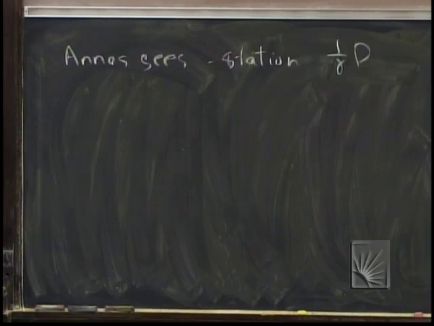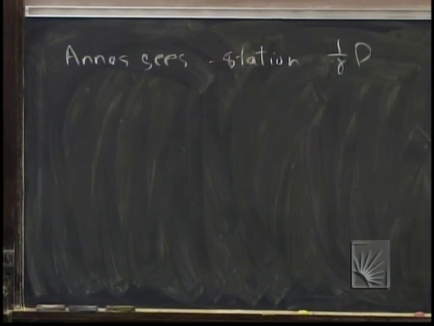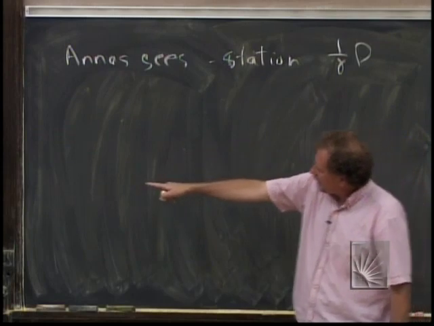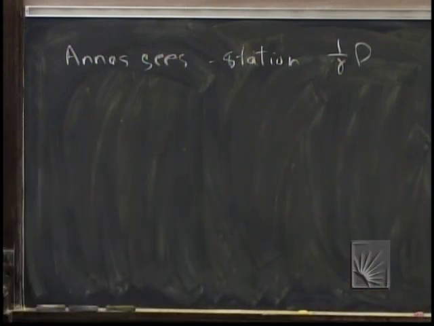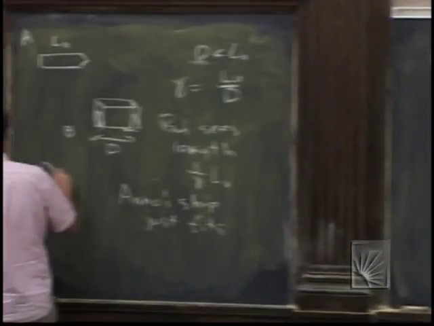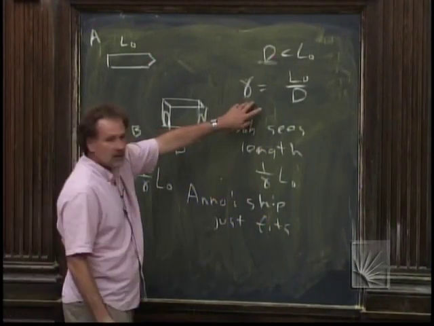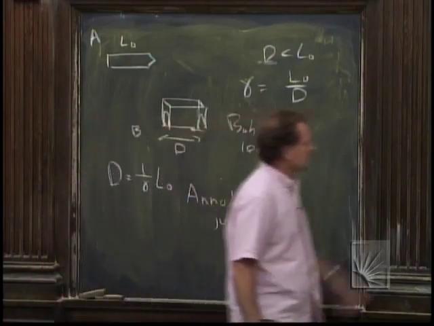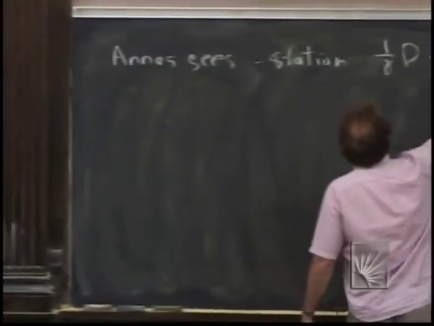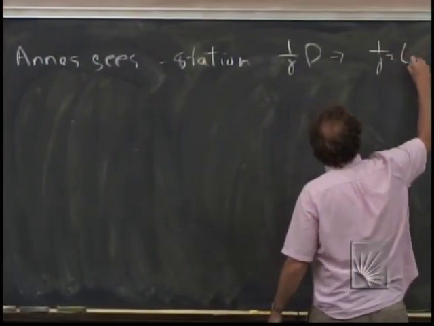And by the way, we set up the problem so that she's going at exactly the speed that gives gamma so that d was equal to 1 over gamma L0. That's the same as this statement here. So in fact, Anna sees 1 over gamma squared L0.